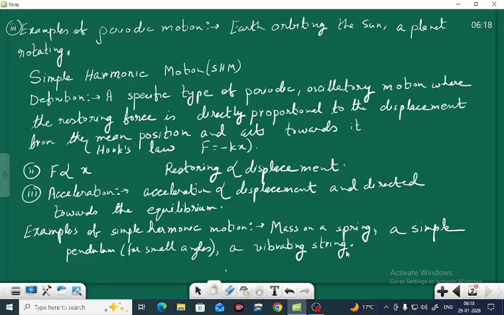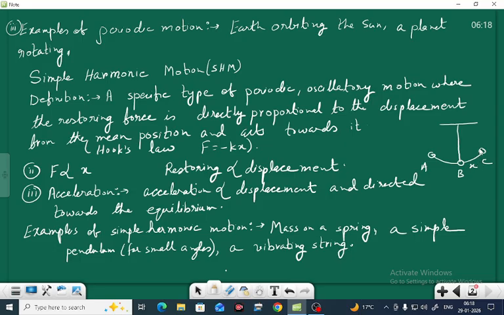Examples of simple harmonic motion: a mass on a spring or a simple pendulum. Suppose this is a simple pendulum, and B is the equilibrium position. If we take this bob to point C or point A, it will oscillate in this way. Suppose the displacement is x.